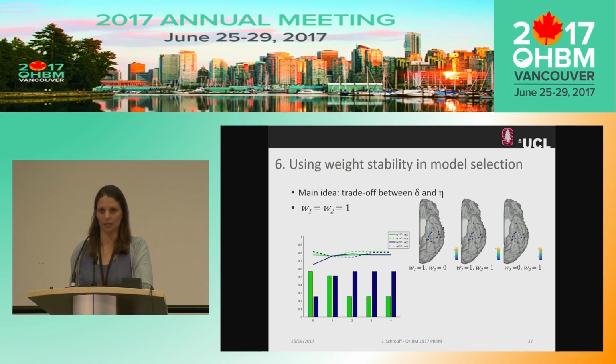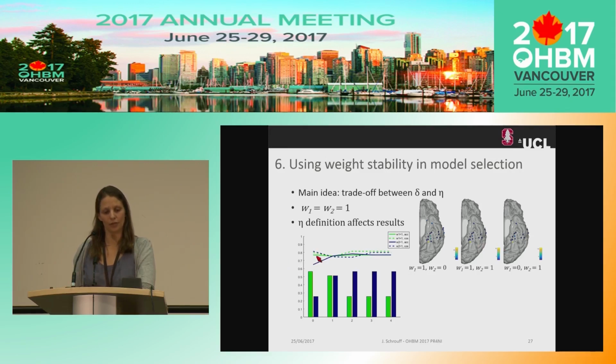Only 36% of the total model contribution goes to that electrode. If you do half and half, then you get a higher weight, 62%, and it's slightly more sparse. And if you optimize only model stability, the weight map is quite similar, and even the contribution of that electrode is not that much different.